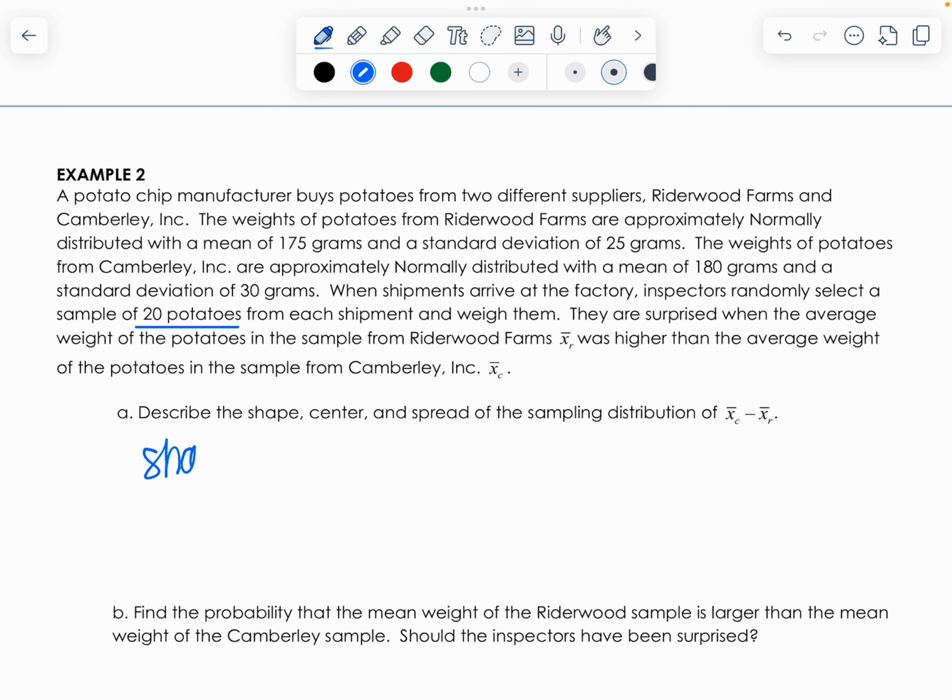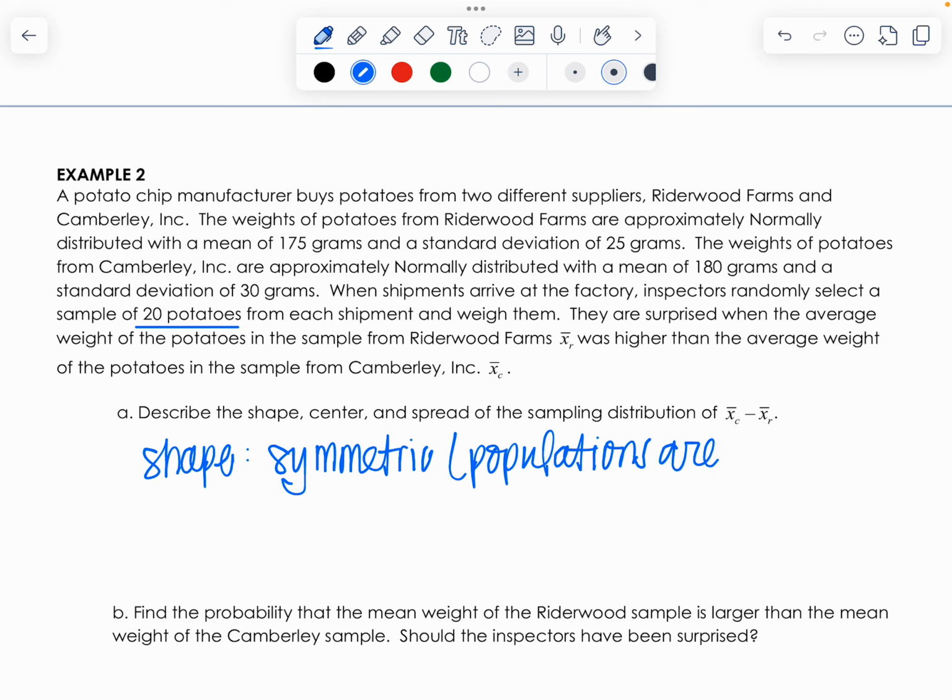Well, the shape, we know automatically, is symmetric because both populations are normal. We don't have to prove it, right? In this case, our sample size is only 20, and that's okay because we're pulling from a normal population.